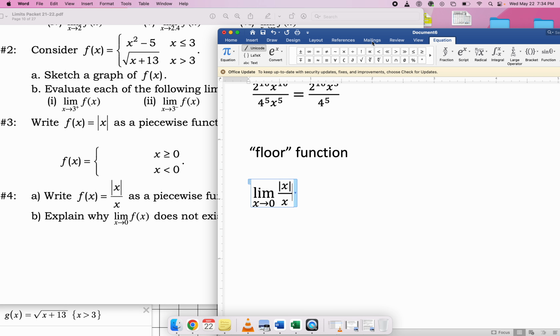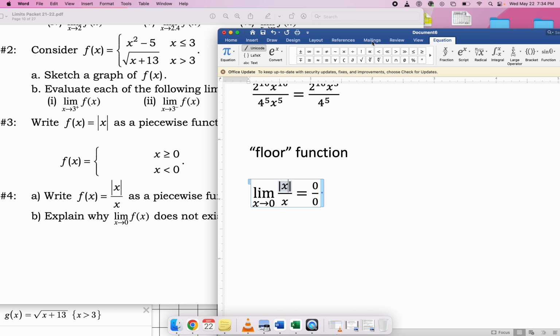algebraically, then your first move should be to plug in. And if you plug in, you get 0 over 0, one of those indeterminate forms. And normally what that means is you need to simplify. Trouble is, there's no way to simplify this expression. Maybe you'd like to cancel the x's or something, but you can't, because the absolute value bars are preventing this x here from interacting with the other x.